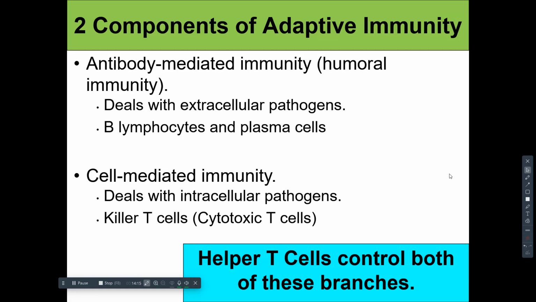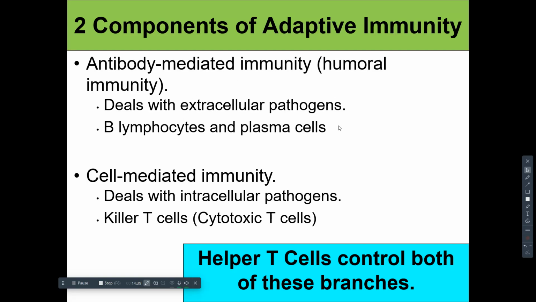But before we do that, as we're going to discuss adaptive immunity, we're going to be aware that there are two basic branches of it. There's antibody-mediated immunity, which is also called humoral immunity. It deals with extracellular pathogens.